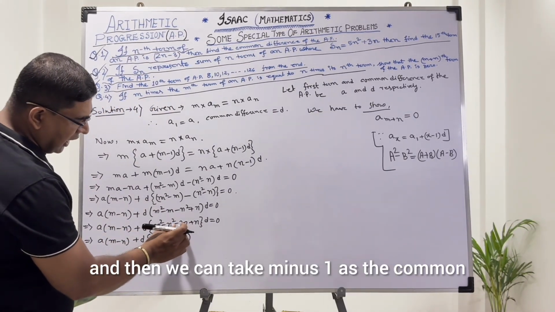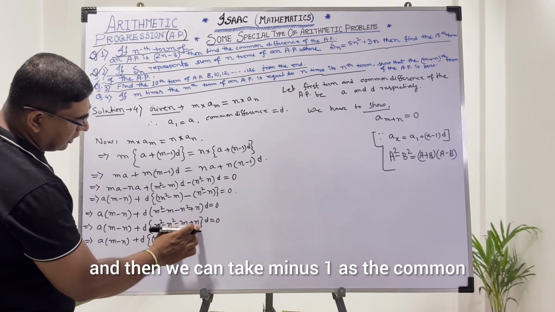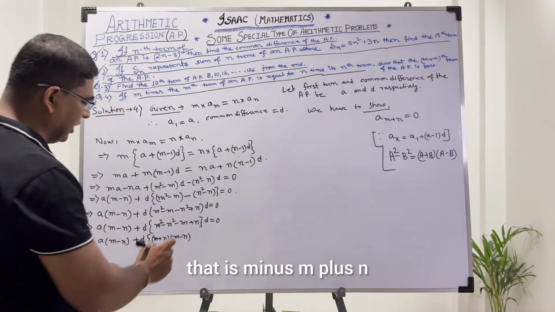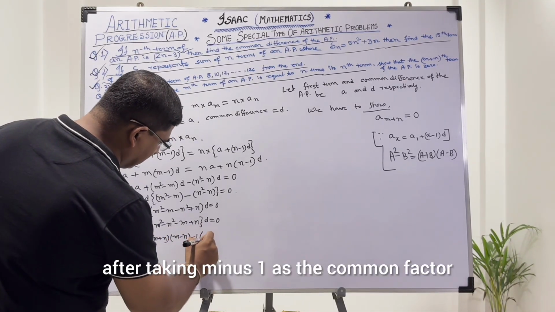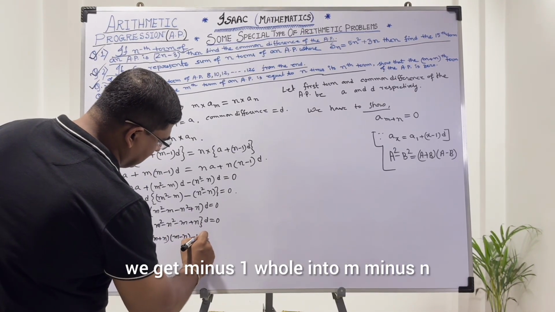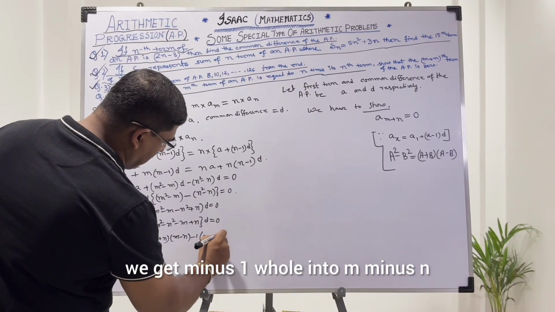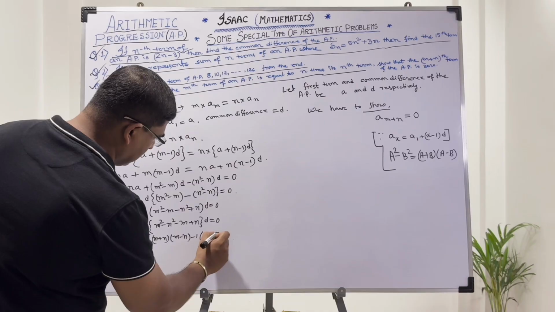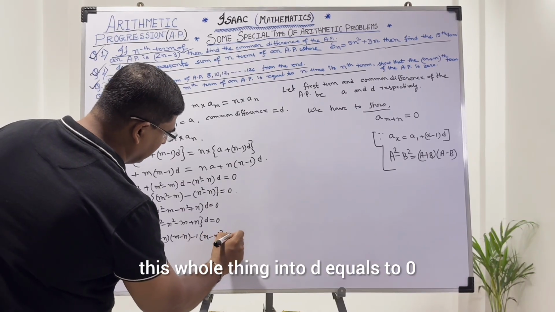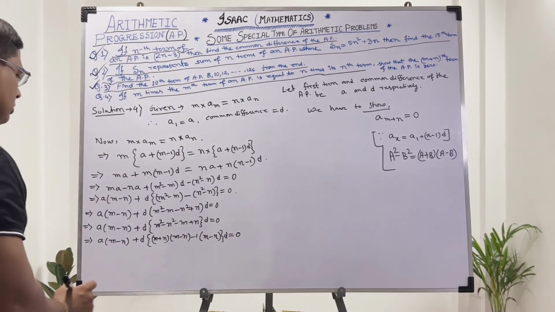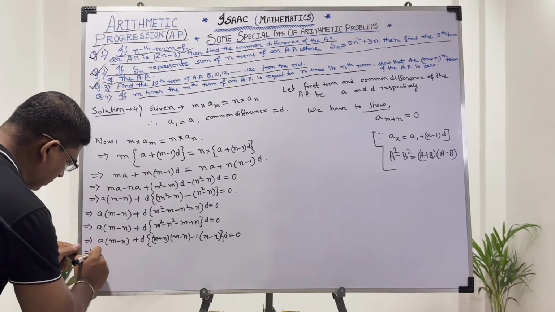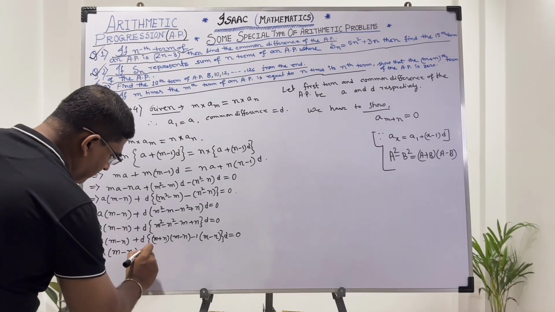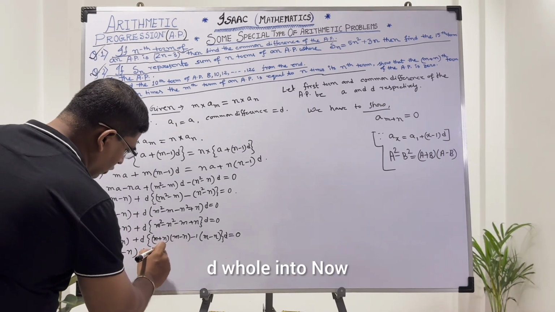By using this identity, we can write m square minus n square as m plus n into m minus n, and then we can take minus 1 as the common factor from the last two terms, that is minus m plus n. After taking minus 1 as the common factor, we get minus 1 whole into m minus n. This whole thing into d equals 0. So a into m minus n plus d whole into.